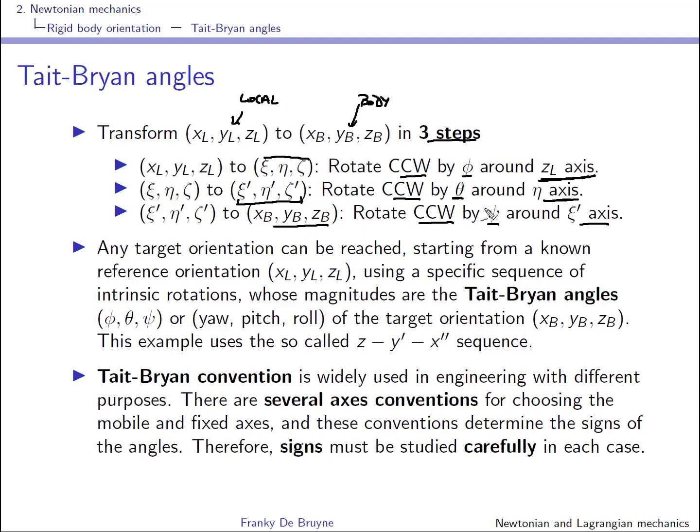Phi, theta and psi are yaw, pitch, roll. If you start from any configuration in the local frame, you can go to any configuration in the body frame, right?